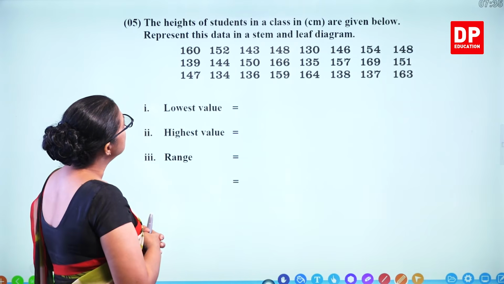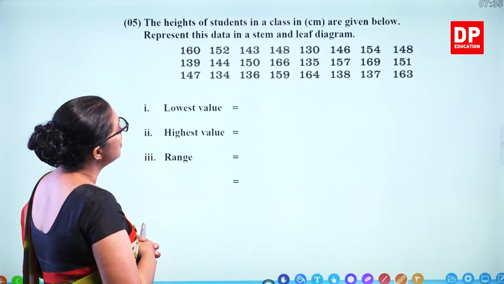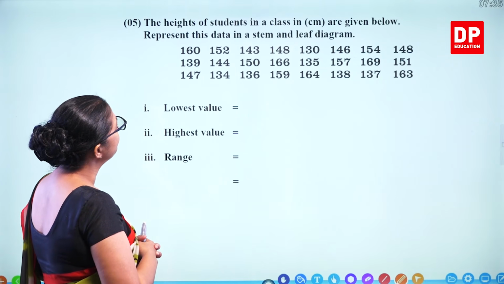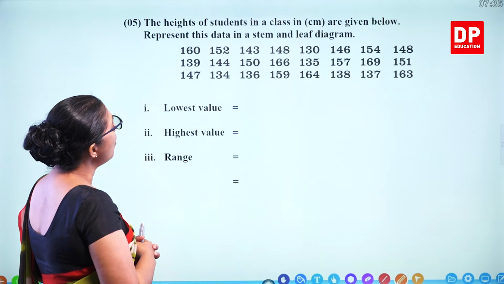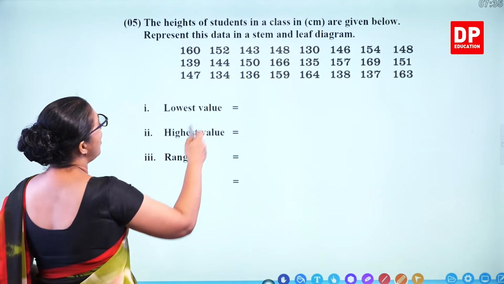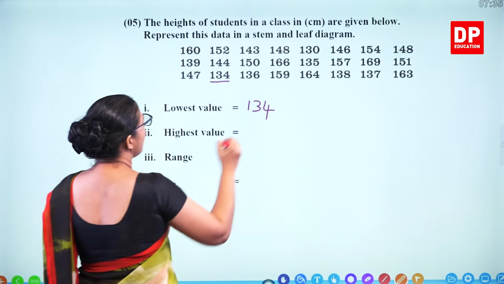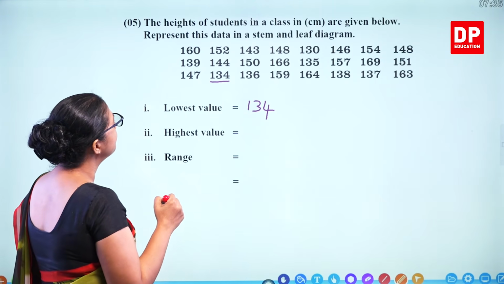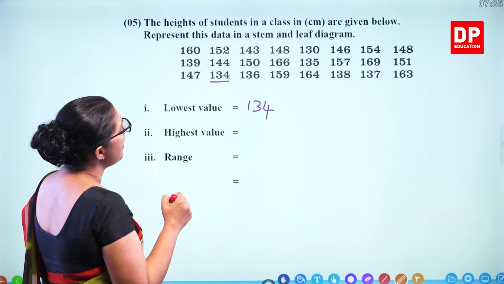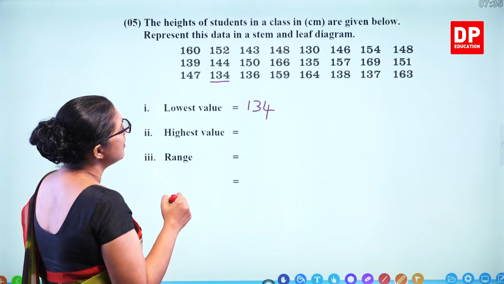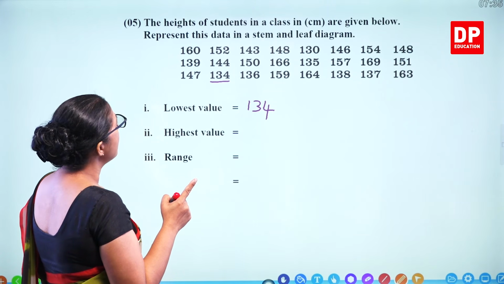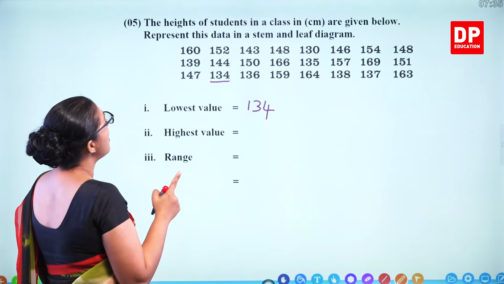Lowest number: 134. Highest value: 169. I saw that's the highest.